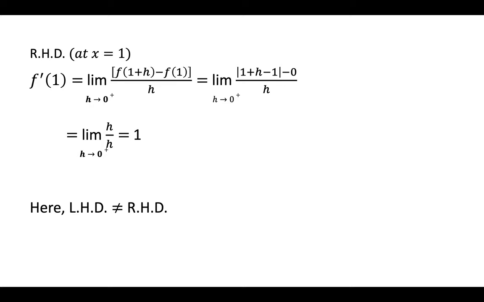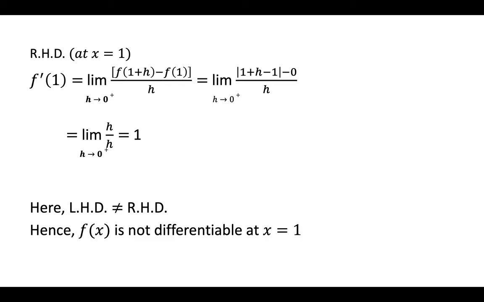Here left hand derivative is not equal to right hand derivative, so f of x is not differentiable at x equal to 1. So students, we can say if the function is continuous, it may be differentiable and may not be differentiable.